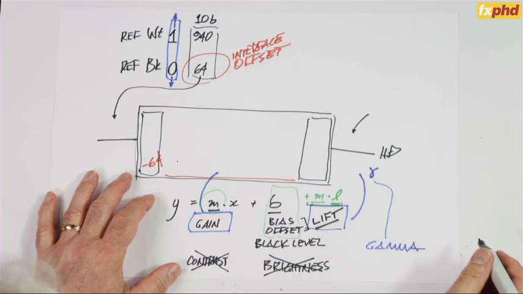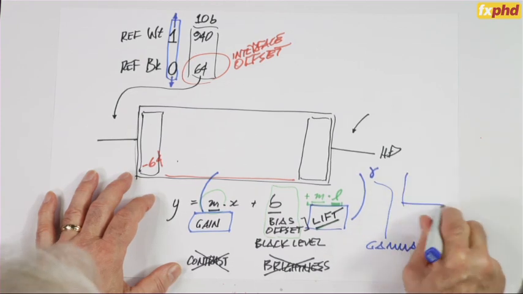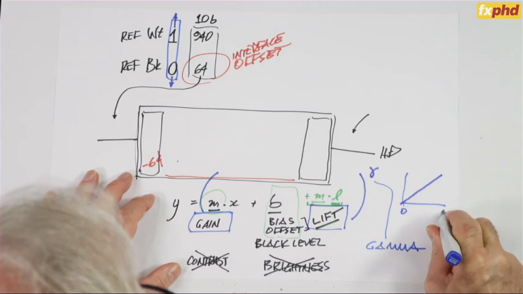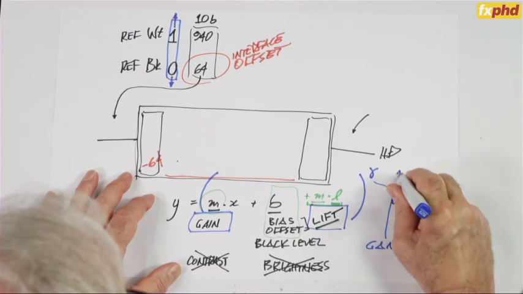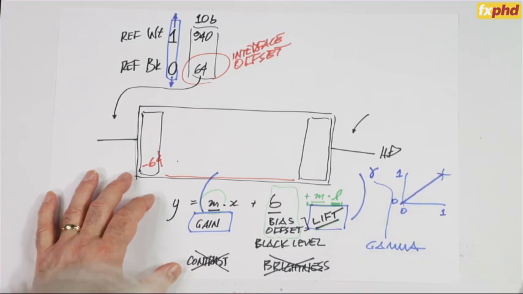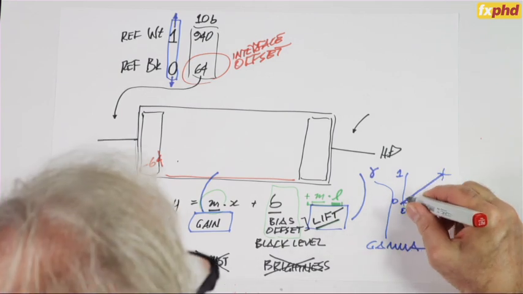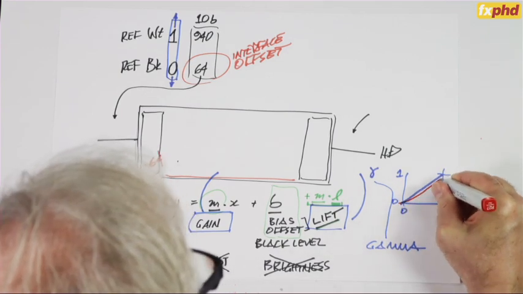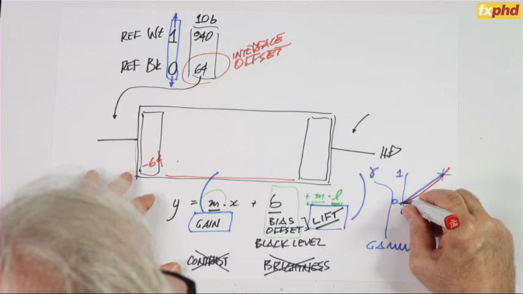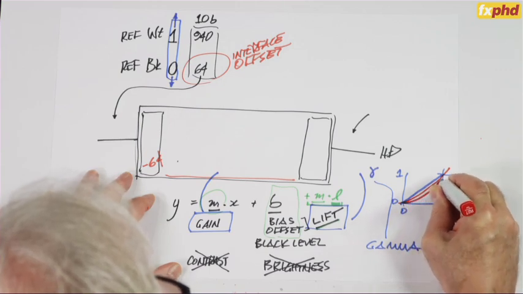Now, typically what happens with gamma is that we have a reference that just maps the input from 0 to 1 to the output from 0 to 1. But if you apply a slight power function to that, you can slightly depress the midtones, leaving white and black where they are, or even depress the midtones quite a bit.